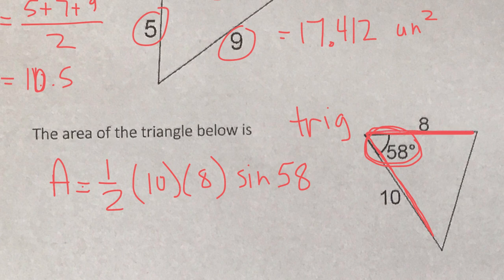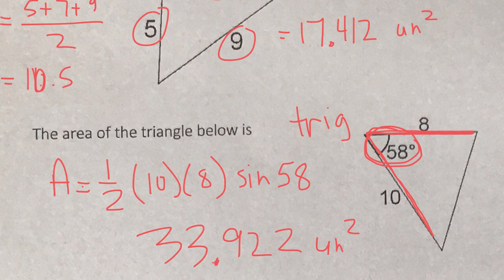Side, angle, side idea. So 1/2 of 10 times 8 times the sine of 58 is 39.219, so 39.22 square units.